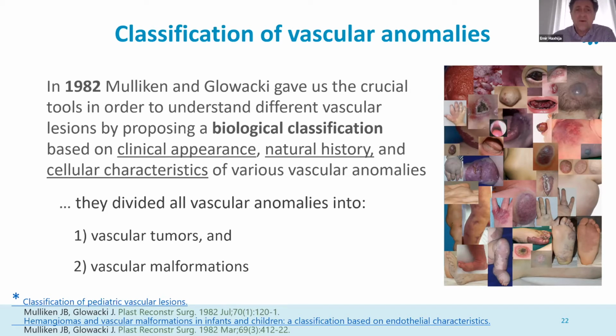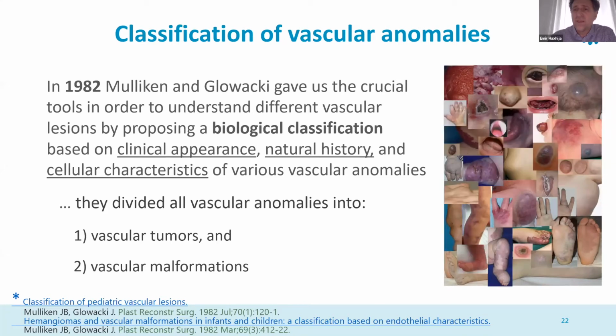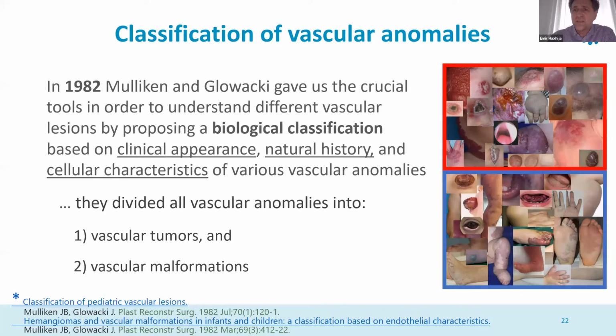They divided all vascular anomalies into two completely separate entities, the entity of vascular tumors and the entity of vascular malformations. In the upper part of the picture you see vascular tumors, and in the lower part you see vascular malformations.